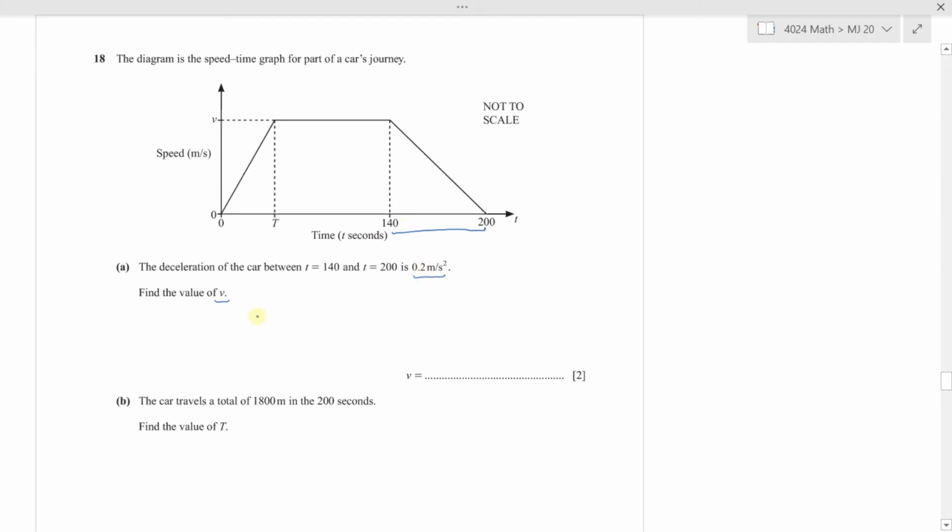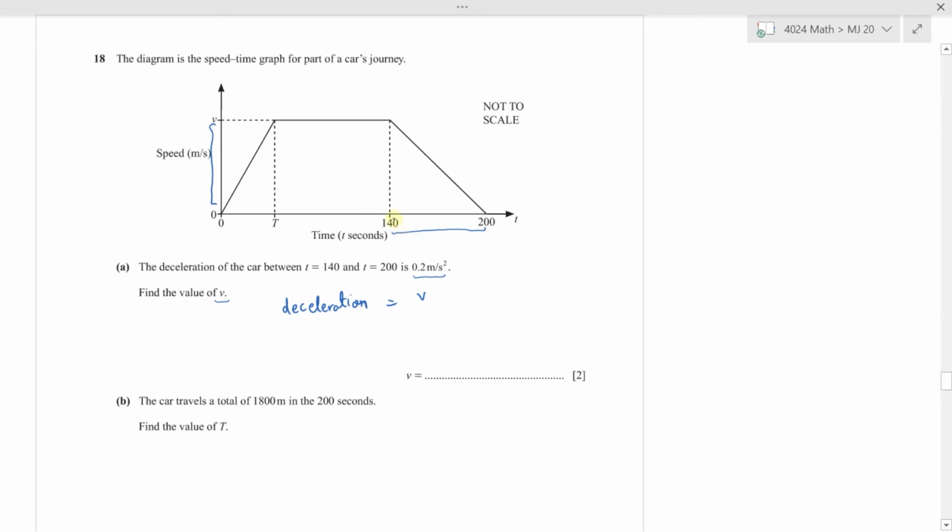And how do you find the gradient? You take the change in value on the y-axis divided by the change in value on the x-axis. So your deceleration here will be, what is the change in y? It is v minus 0, which is v.